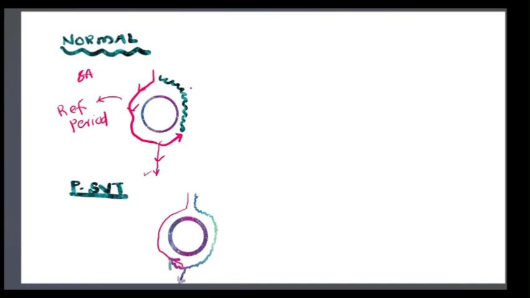And the slower pathway, yes, the faster pathway has blocked the slower pathway, and it is also in refractory period. But the refractory period of the slower pathway is less, so it becomes free for depolarization sooner.